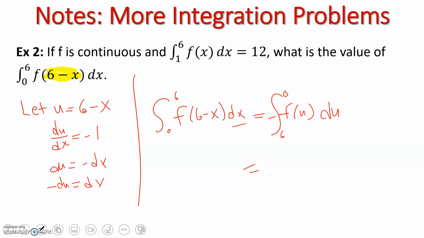Now, we know previously that when the bounds are reversed, we can flip the integral, but it flips the sign as well. So this will then become a positive integral from 0 to 6 of f of u du.